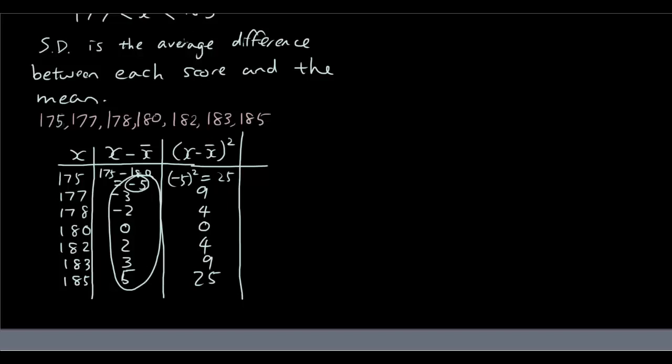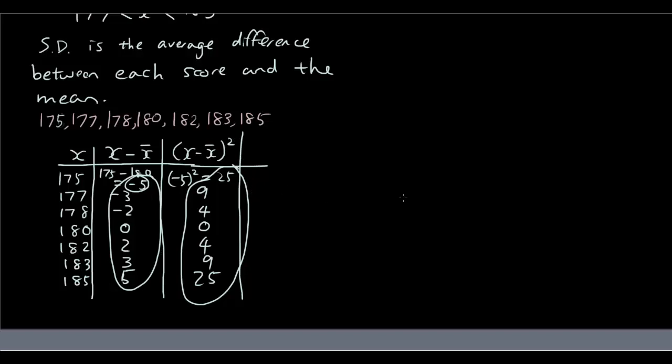So what happens now is we can actually average these. So we're going to average these numbers, but because we square them in the first place, we're going to square root our final answer, so that we can cancel out the effect of squaring them.